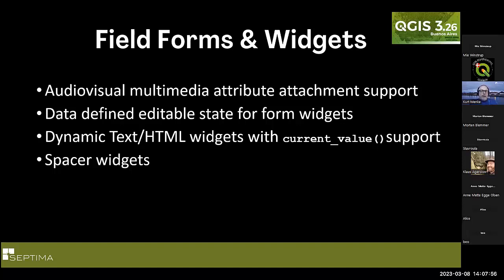There's a new function called current value, and so that returns the current value that you've entered into a form. And so you can use that with some code to create dynamic text or dynamic HTML in a field form. And then the last thing is that there are now spacer widgets. So you can add spaces between fields in your field form.